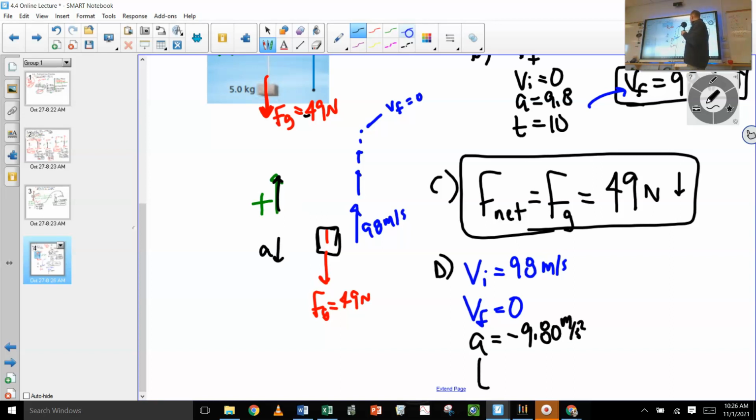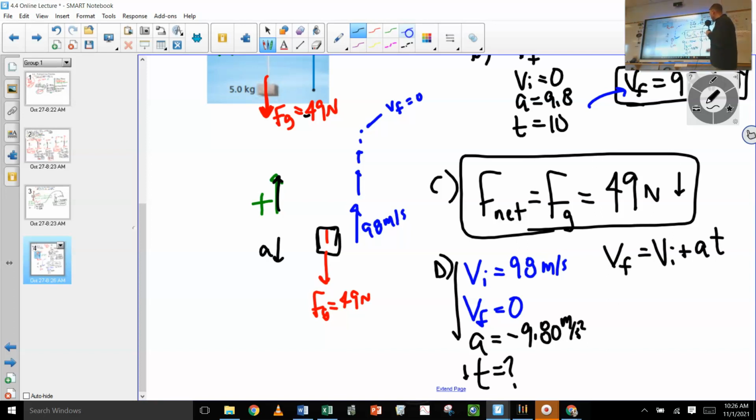And it wants to know when. How long does that take? So we'll do this again. Choose my equation. From what are my knowns? What are my unknowns? There's an equation that relates them all. So, wait, we don't know the time.